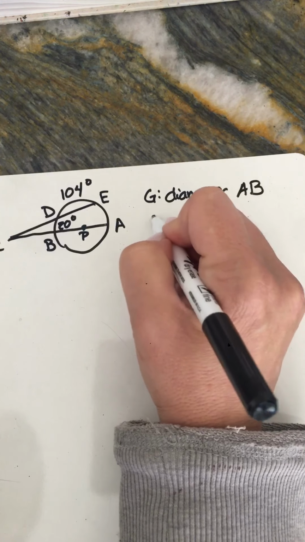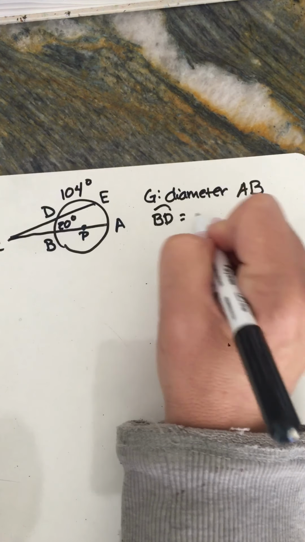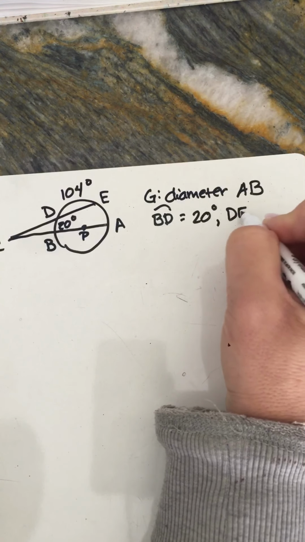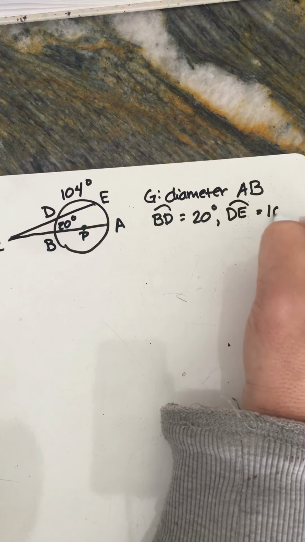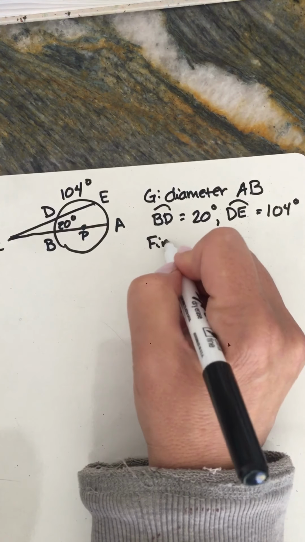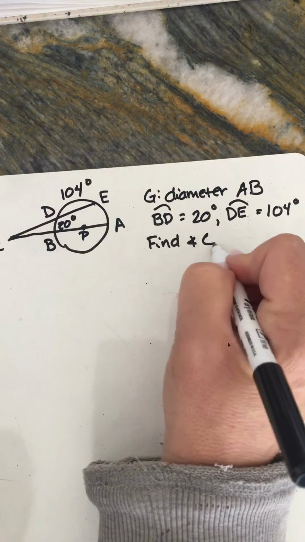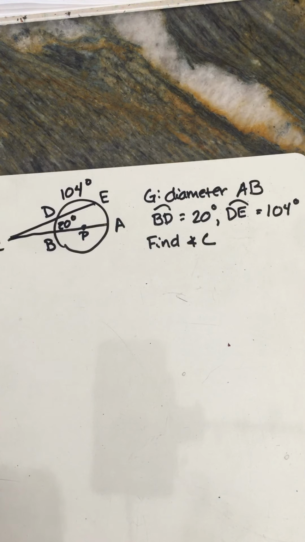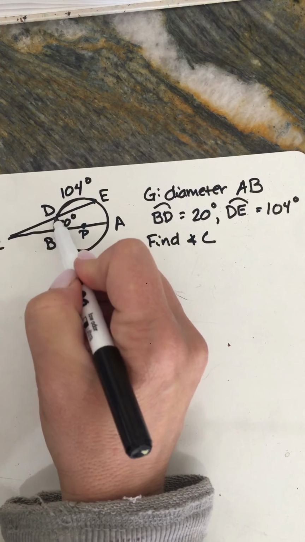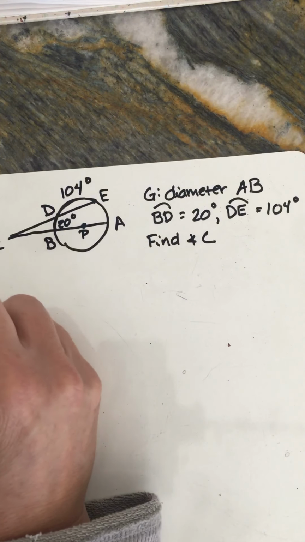You have that arc BD equals 20 degrees, and arc DE equals 104 degrees. And I labeled those for you. You're going to find angle C. Okay, so we know that this is 104 here. We know this is 20. We're looking for angle C.